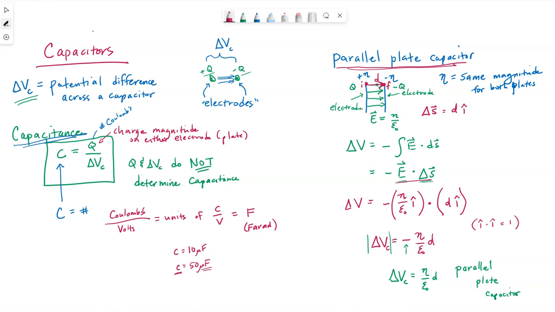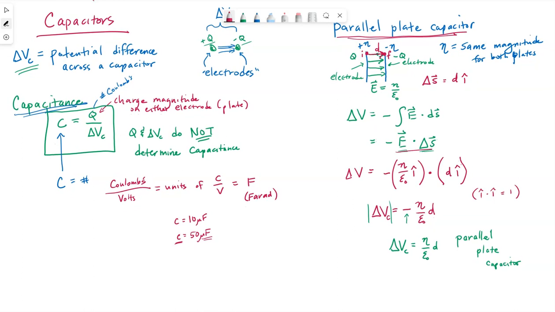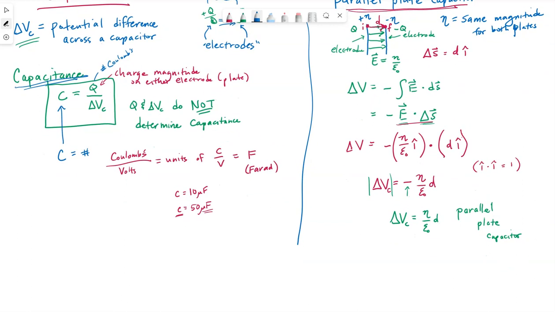All right, so in terms of affecting or determining capacitance, let's go back to our parallel plate capacitor over here on the right. Now that we have stated that capacitance for any capacitor at all is equal to the charge that accumulates on either electrode over delta V, let's manipulate our delta V equation specifically for the parallel plate capacitor to see how we can get to capacitance.